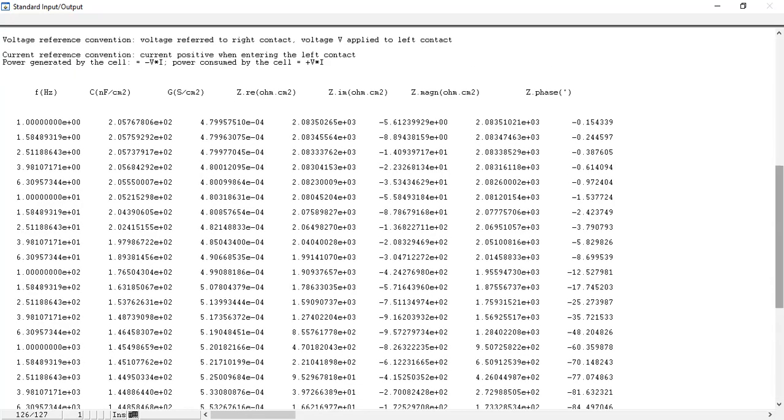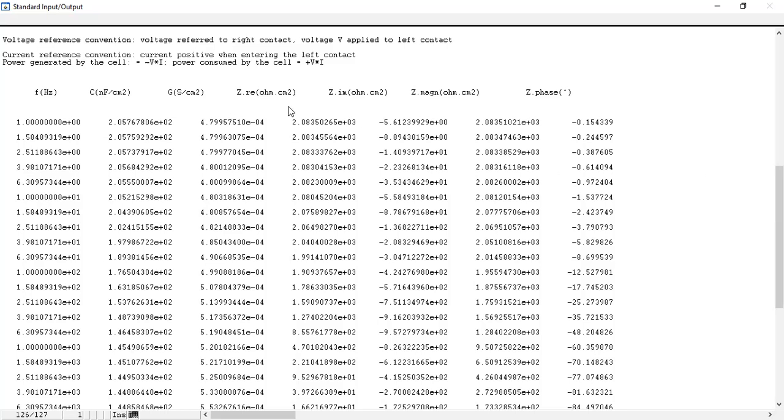It was the same graphical representation. We can also get data from here and make plots in Origin software and other software. So we have just computed the effect of the frequency on capacitance, where we have seen an inverse relationship, and the effect of the frequency on conductance, where we have a direct relationship.